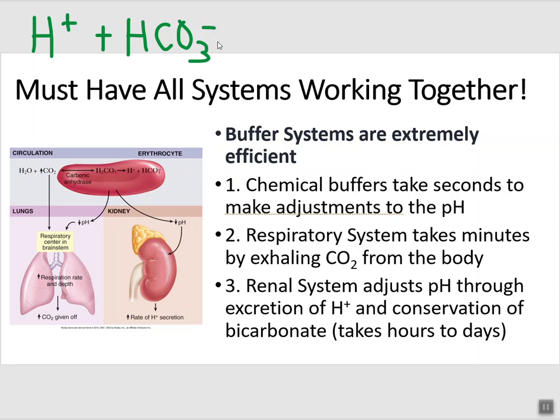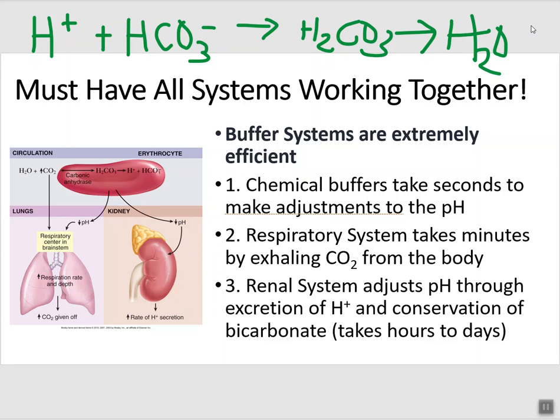But these guys, if there's too many, these guys are going to go and make carbonic acid, and then they will break up the carbonic anhydrase into water and CO2. And you're going to breathe the CO2 out and keep the water. That's it. If you have too few, then we're going to take excess CO2 and water and turn it into bicarb and hydrogen ions. That's the whole point behind the buffers.